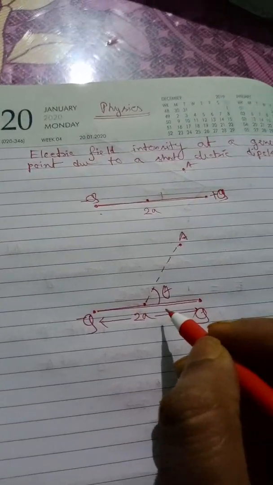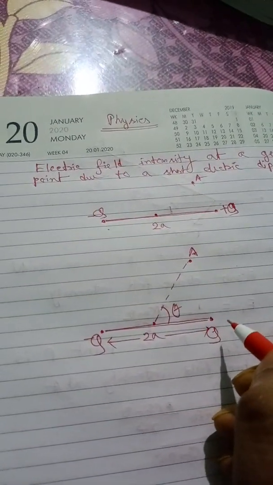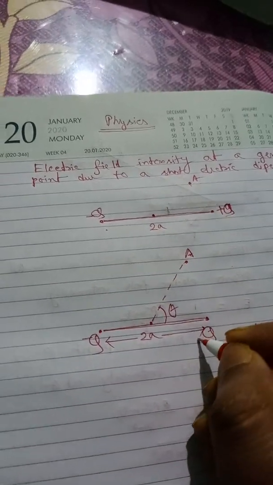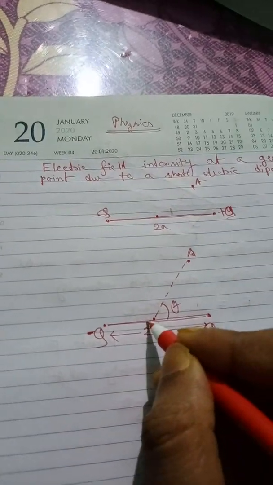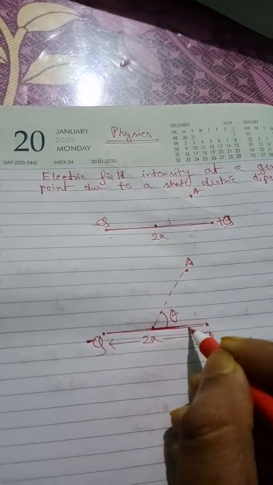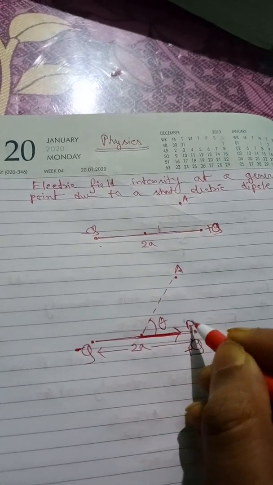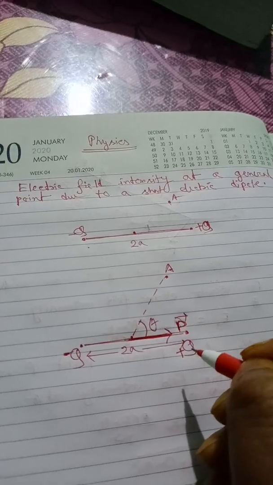We know that the direction of the dipole moment for an electric dipole is from the negative charge to the positive charge. So if this is positive and this is negative charge, the direction of the electric dipole moment of this dipole will be this one. This is the direction of the dipole moment.